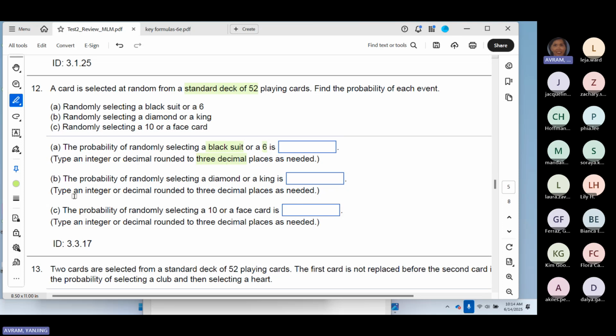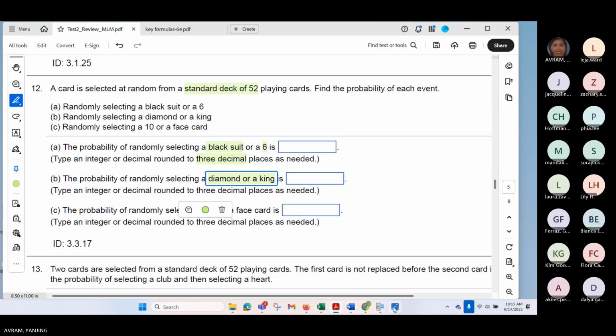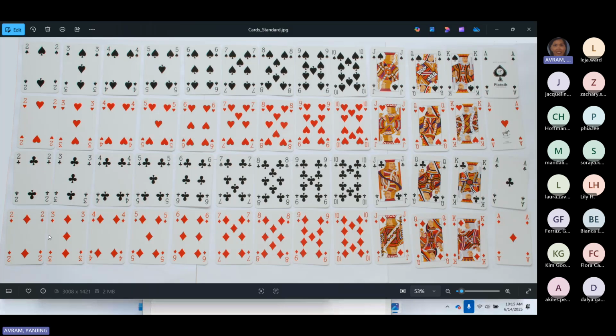Okay, part B: the probability of randomly selecting a diamond or a king. I want you to go ahead and do this one. A diamond or a king. Remember, for or, you have to add them together. For the diamond, you got 13, and when you have 13, you already counted one king in there.